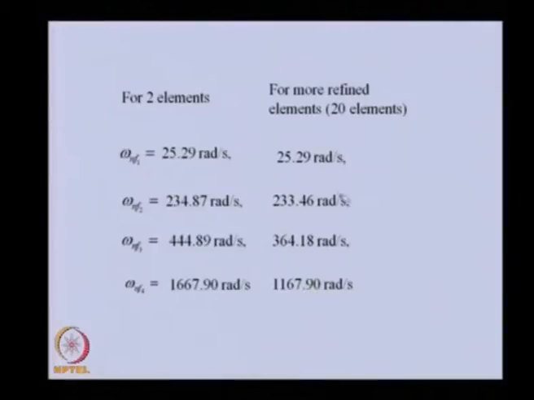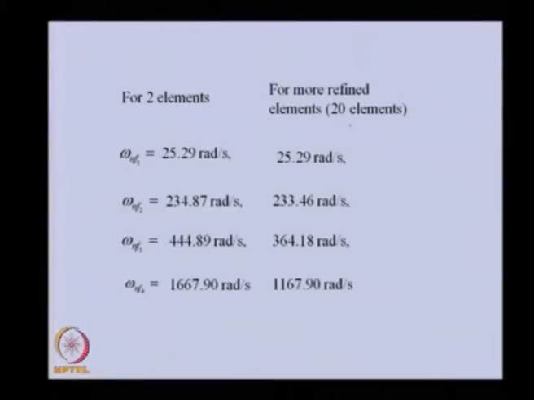So if we are interested in the first few, then even 2 elements is good enough. But it is always better to check by increasing the number of elements how the natural frequencies are changing. If there is not much change up to the mode we want, based on that we can decide how many elements we should choose.